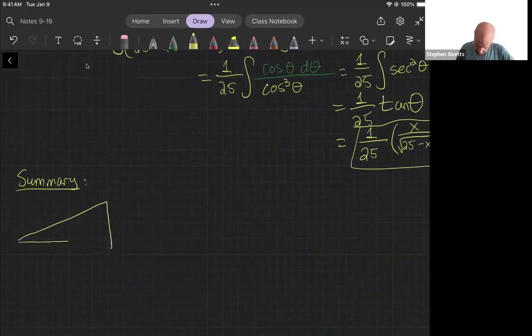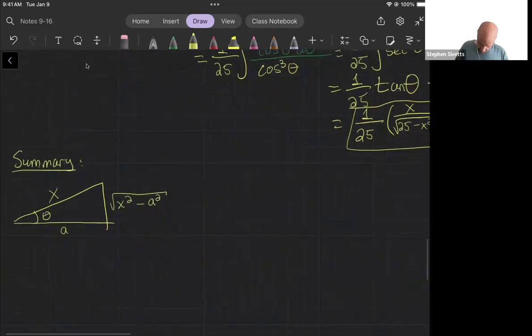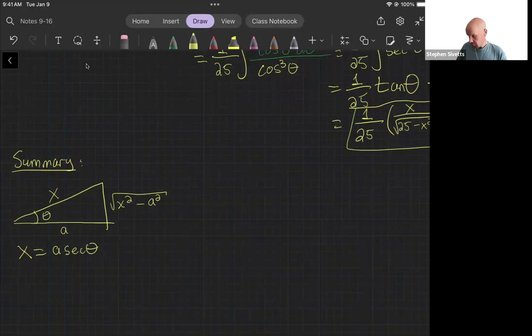One variation is if you have this relationship, x squared minus a squared, you want to use x is equal to a times secant theta, right?